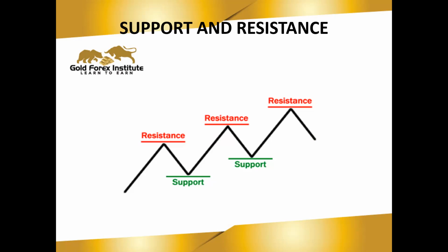So when we say support and resistance, when the price is moving, the market price doesn't move in only one direction forever. The price moves in a zigzag form. It will move up, come down, up, come down, up, come down.